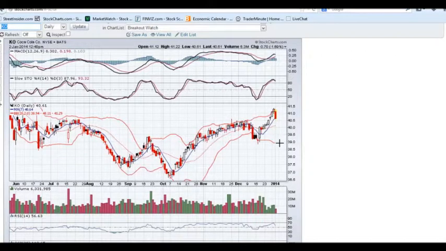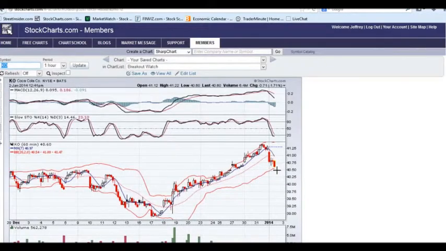Does that mean Coca-Cola has to go down? No. In fact, a lot of times stocks on uptrends that make technically significant moves, all it is saying is that the stock's going to consolidate for a while. So in the past, I'll take something like Coca-Cola and say, you know what, it's down a little much today, coming down to the lower Bollinger Band on the hourly chart.